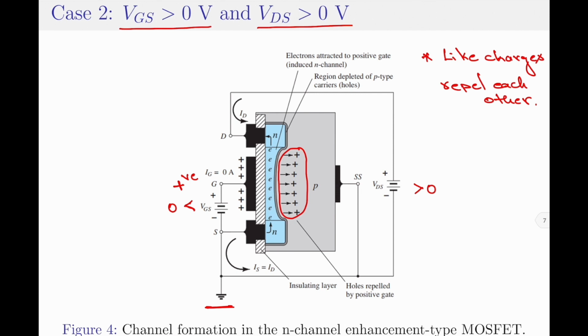When these positive charge carriers move away from the silicon dioxide layer, this results in the creation of a depletion region just below the silicon dioxide layer. This depletion region will be void of any charge carriers.